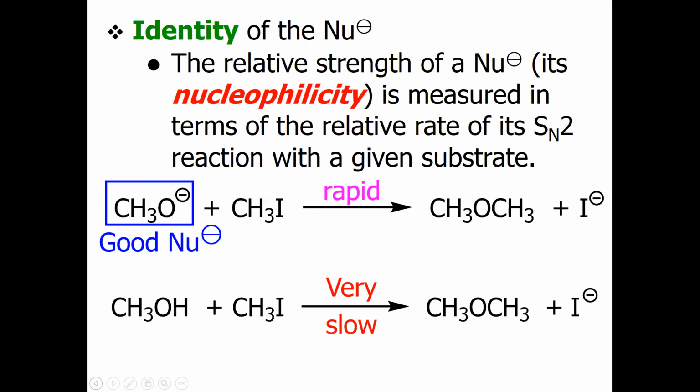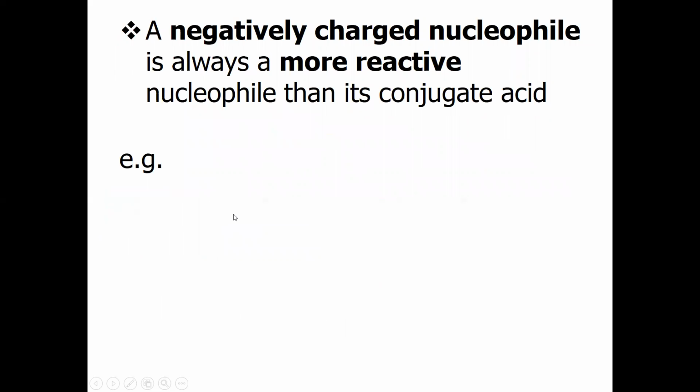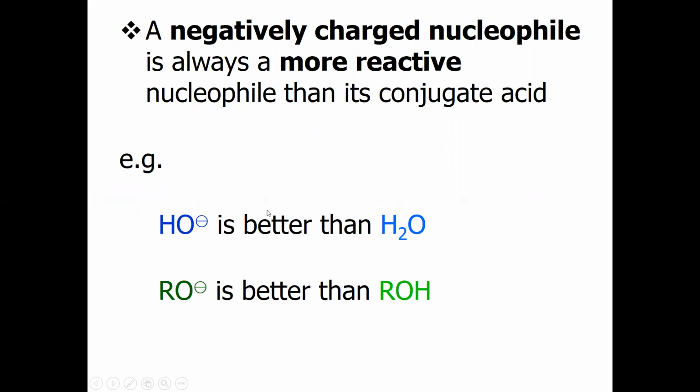So the nature of the nucleophile plays an important role in nucleophilic substitution. As mentioned in the previous slide, the negative nucleophile is much better than the neutral one. For example, hydroxide and alkoxide ions are much stronger nucleophiles than their neutral species.